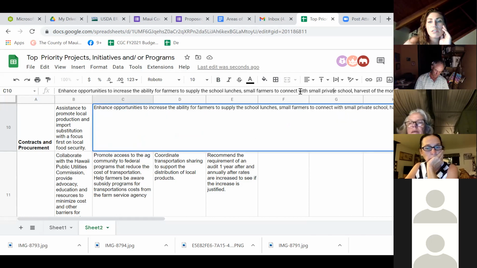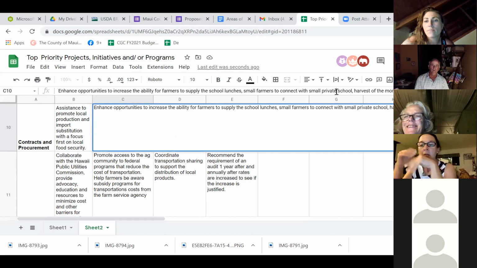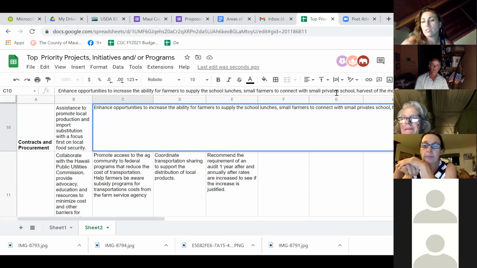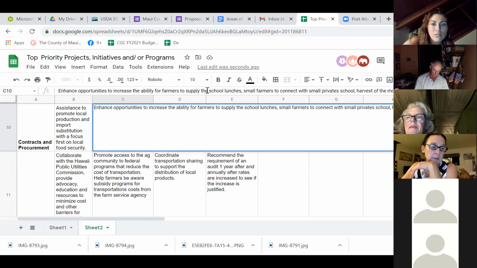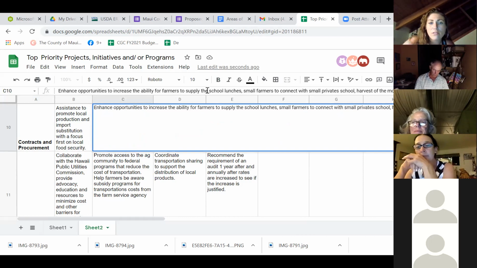Do we know what the harvest of the month is? Right now, star fruit. Whatever the crop is this month, seasonal fruits, seasonal produce? Okay. It's part of the Aina Pono program in DOE.